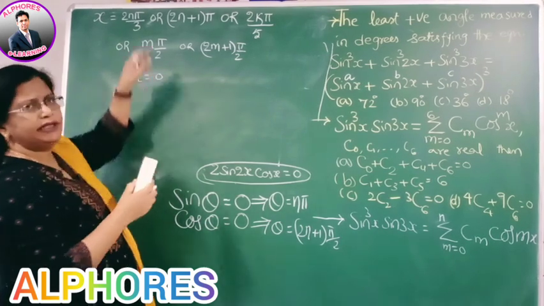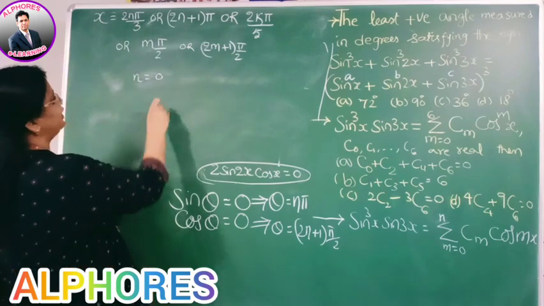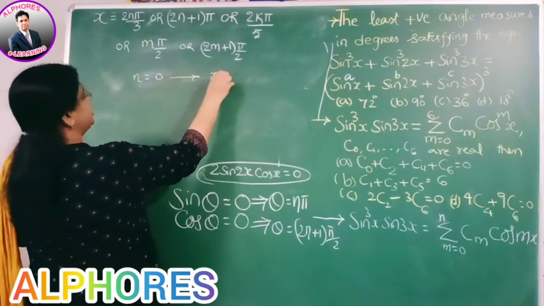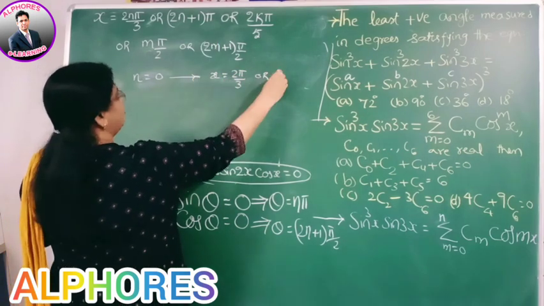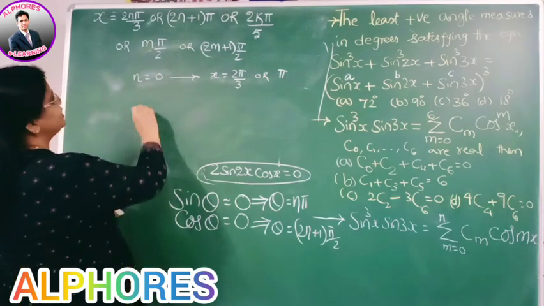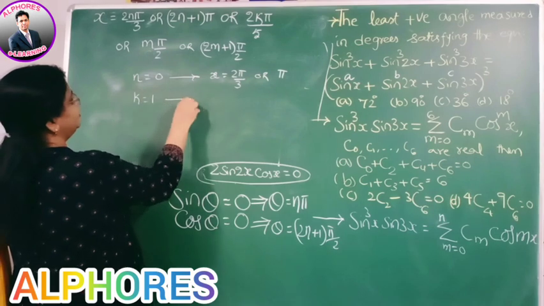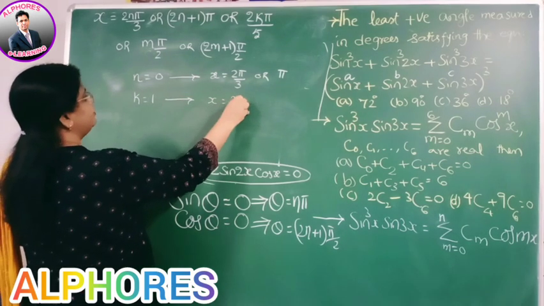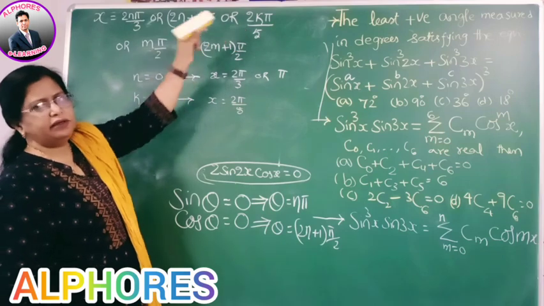If I put n is 0 here, what is the x value? x is 2π by 3, right? x is 2π by 3, or the other value is how much here? π, okay? When n value is 0. And next let us put k equal to suppose 1. Then the x value can be 2π divided by 5, when you put k value as 1.